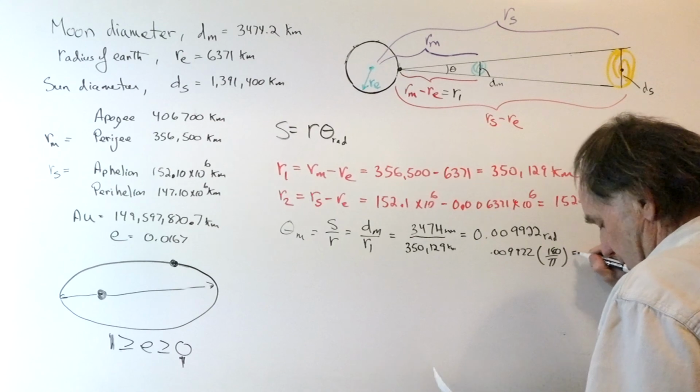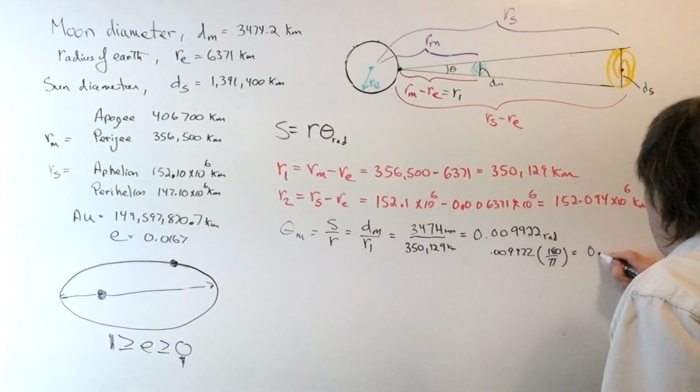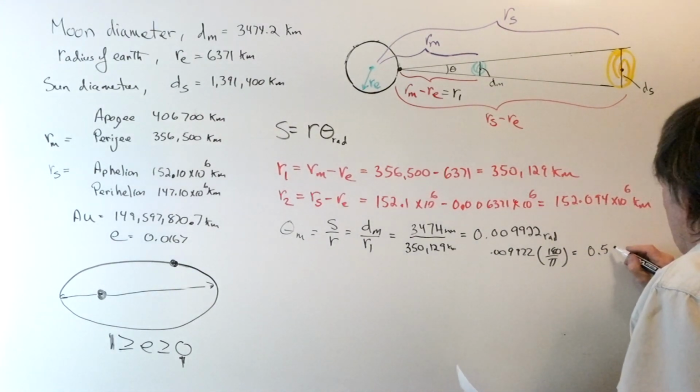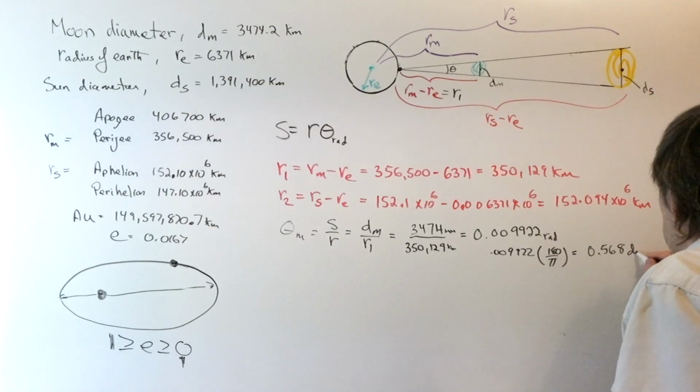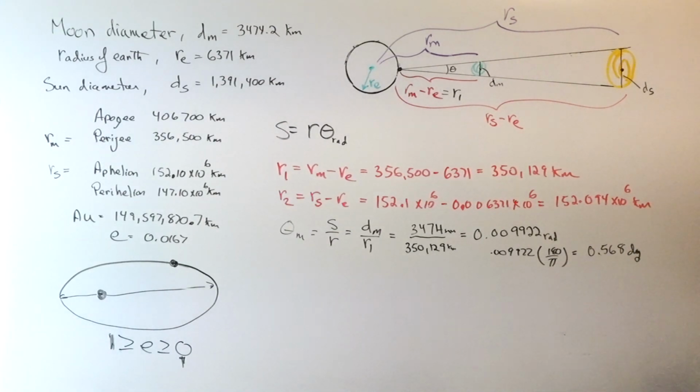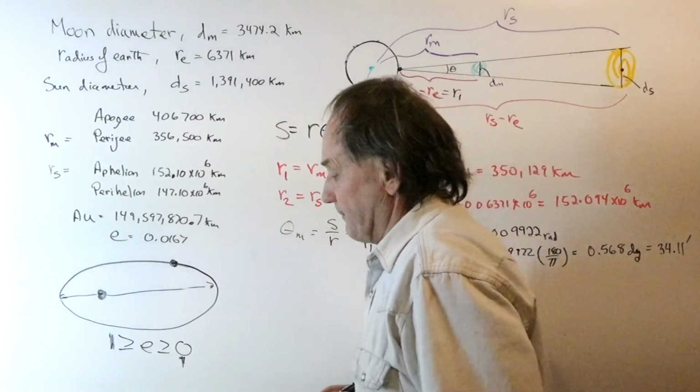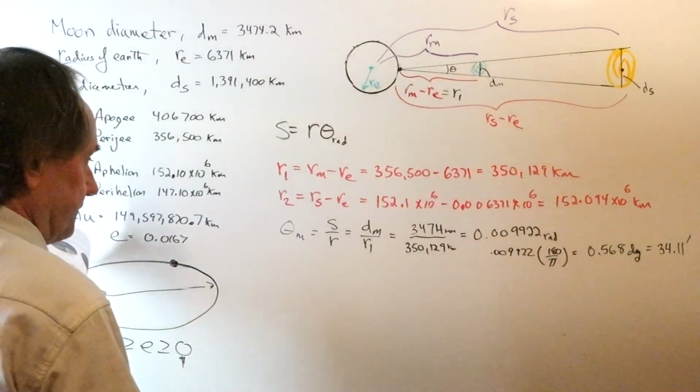This comes out to 0.568 degrees. If we multiply by 60, we can get how many minutes this is, and this works out to 34.11 minutes in angular measure.